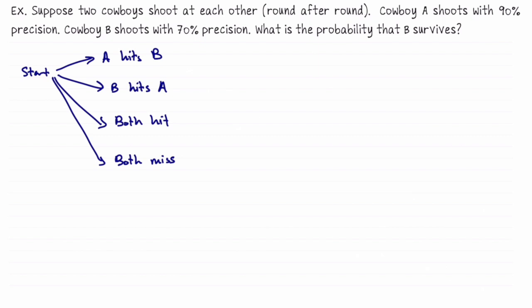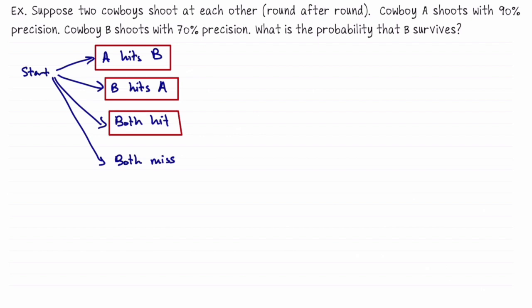Of these 4 blocks, if we're assuming that the duel is over as soon as somebody gets hit, then this one is an ending, as is this one. B hits A and A hits B are both endings, and so is both hit. Both miss means that they're going to go again. So at this point, I could do 4 more arrows, kind of duplicating what we just did.